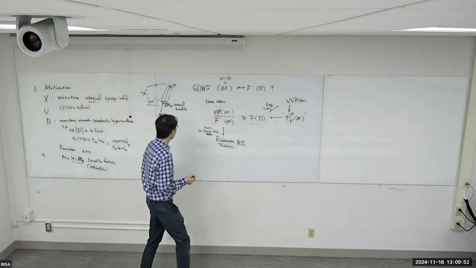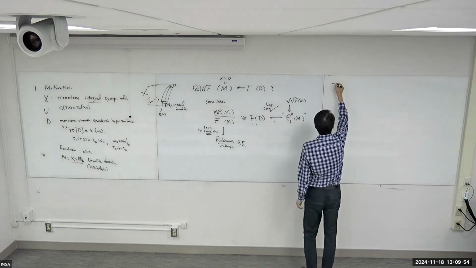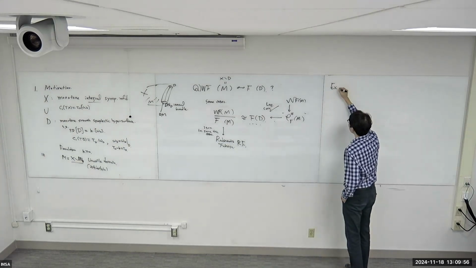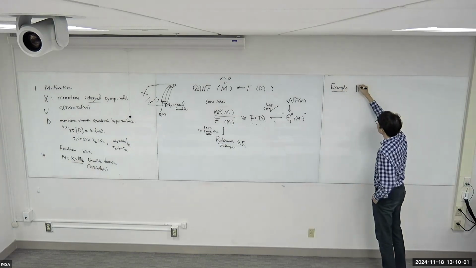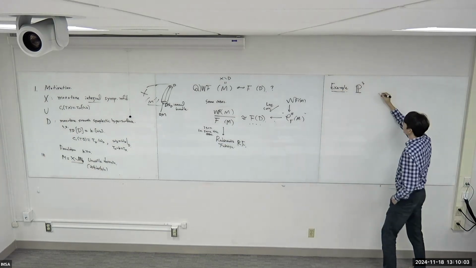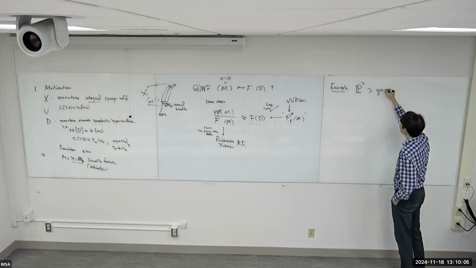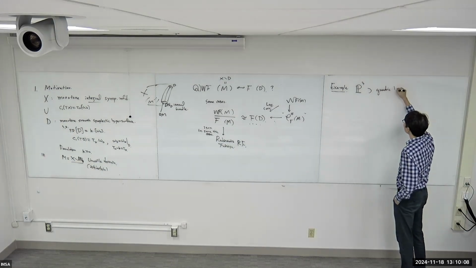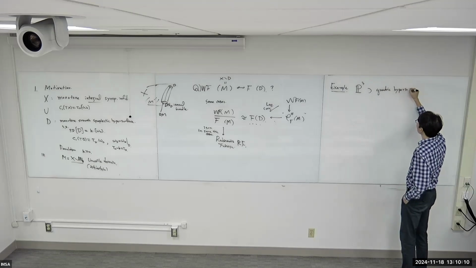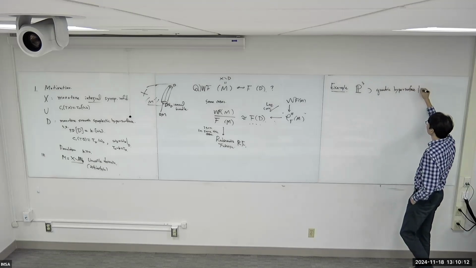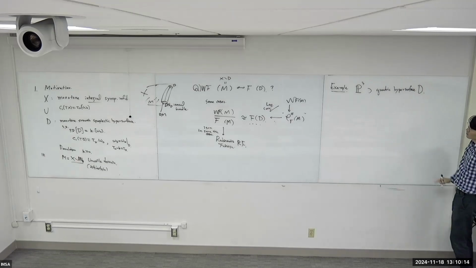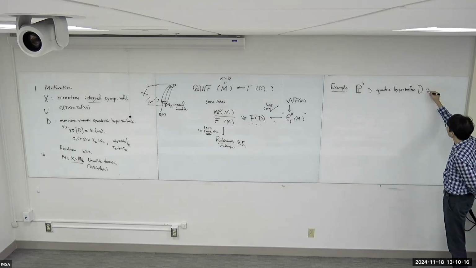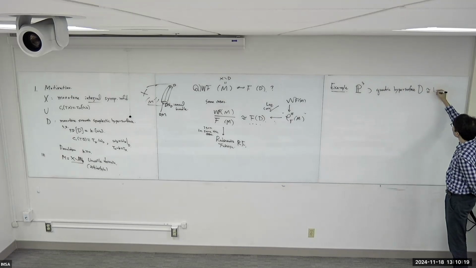So let's see, just to not get lost, let's see an example. In P3, consider a quadratic surface D. And this one is nothing but P1 times P1.